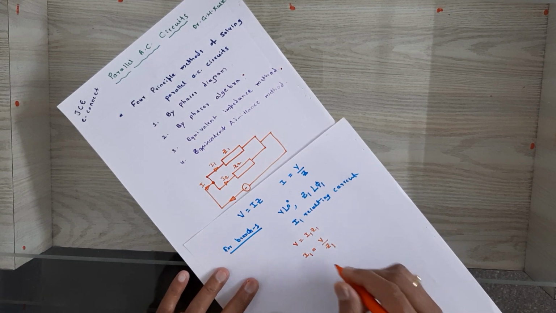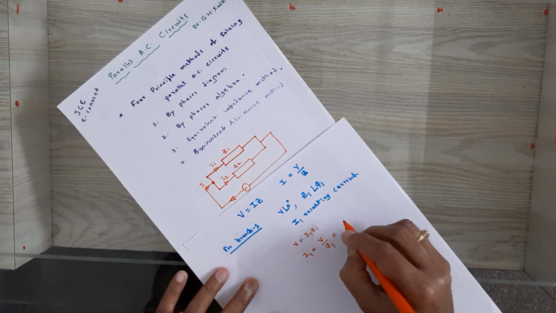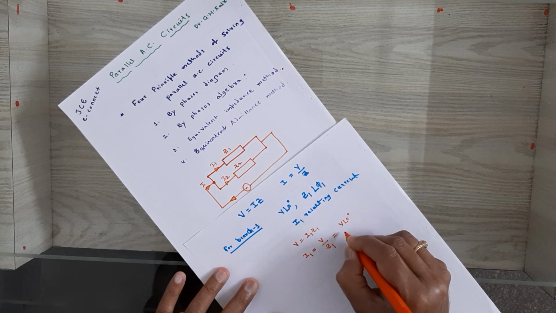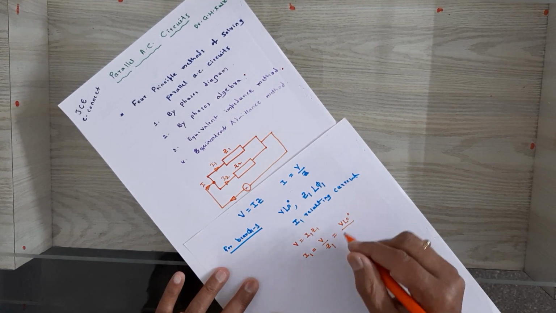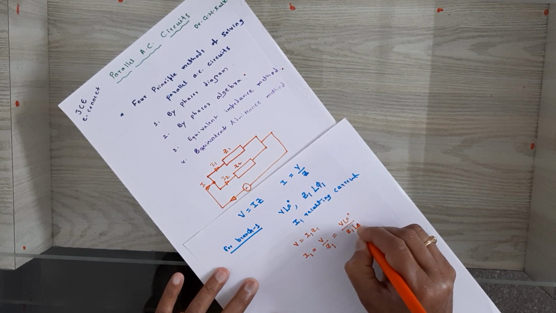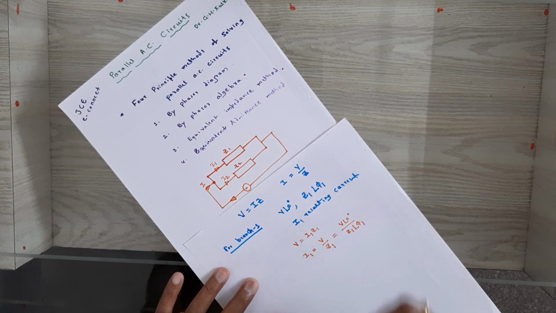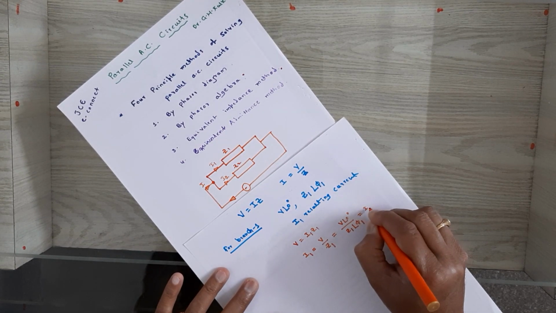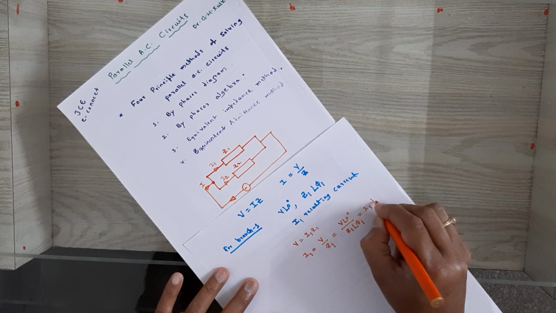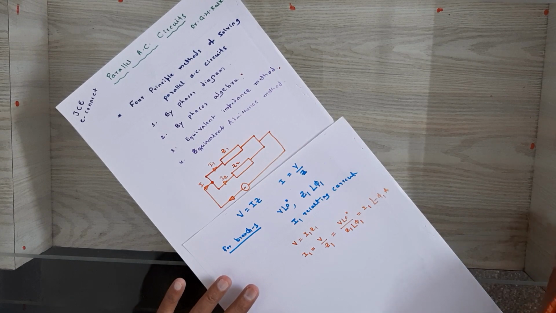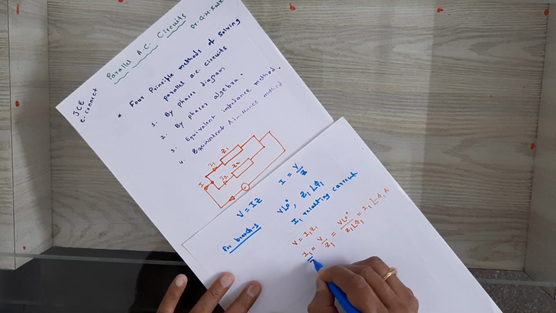Substituting, V is V at an angle of 0 degrees, and Z1 is Z1 at an angle of phi 1. The result is I1 at an angle of minus phi 1 amperes. This is how you calculate the current for branch 1.